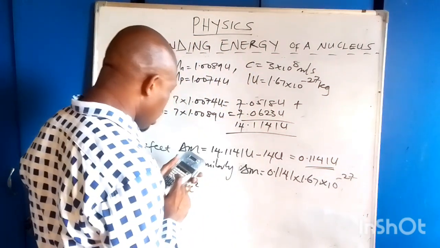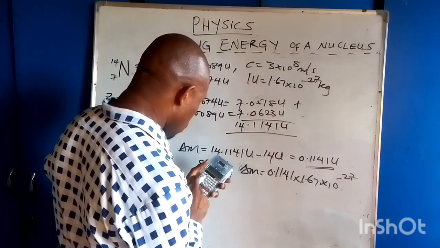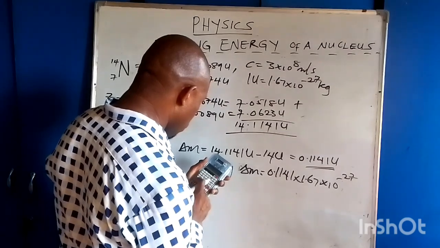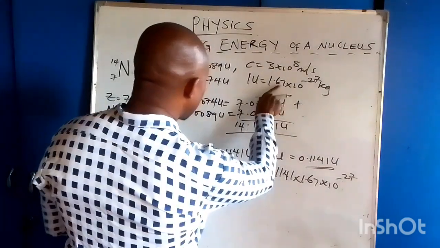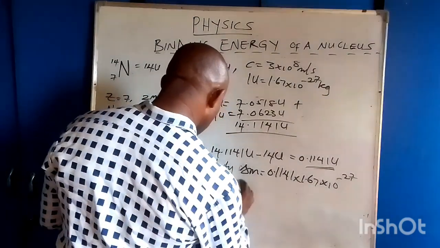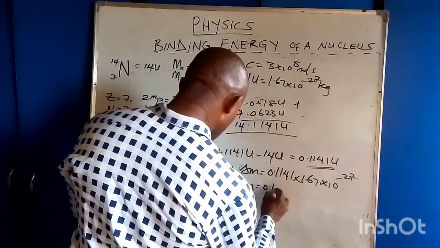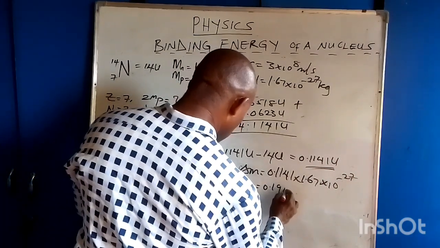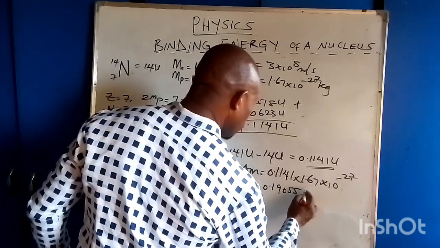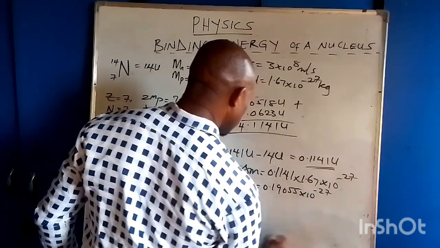So we now have 0.1141 times 1.67. There is 7. Which will give us that delta m is 0.19055 times 10 raised to the power minus 27.